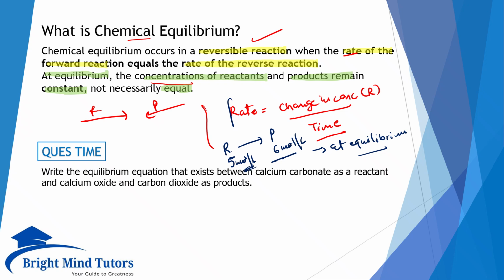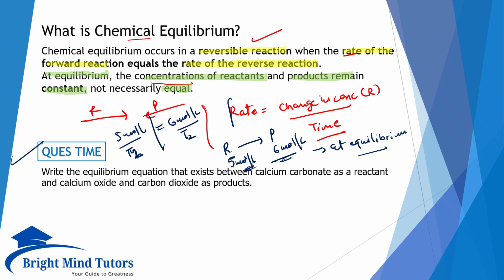When I divide these concentrations by certain times, 5 mole per liter divided by T1 is going to equal 6 mole per liter divided by time T2. The rates are equal, but not the concentrations. I hope it's clear. It's pretty confusing, so that's why I'm stressing this.